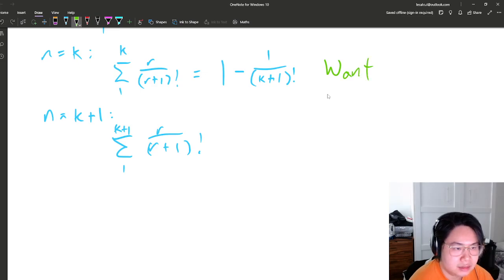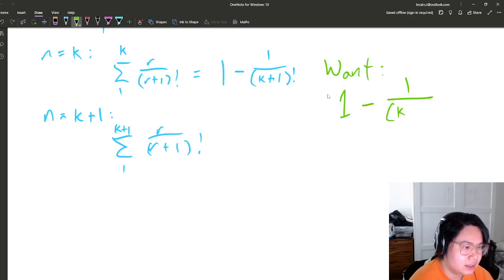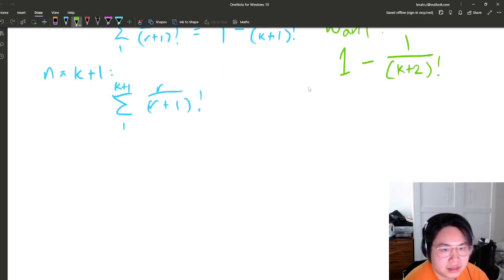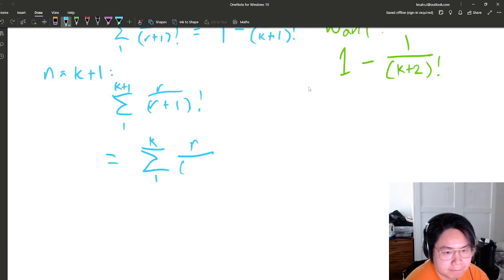Basically, I need to use my assumption somehow and show that this is equal to 1 minus 1 over k plus 1 plus 1 factorial. So I need this to be k plus 2 factorial. Okay, so because it's a summation, I can have my assumption show up by summing only from 1 to k. And then I just add on the extra term, which is the k plus 1 term.